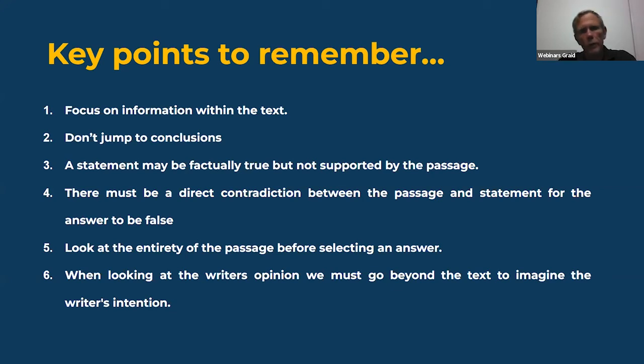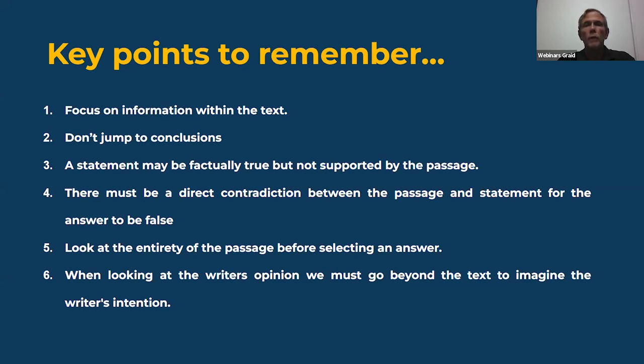Now, the fifth point is we need to look at the entirety of the passage before selecting an answer. Sometimes we will find a sentence which seems to give us the answer, and then as we continue to read, we later find information that differs from our original or earlier sentence.